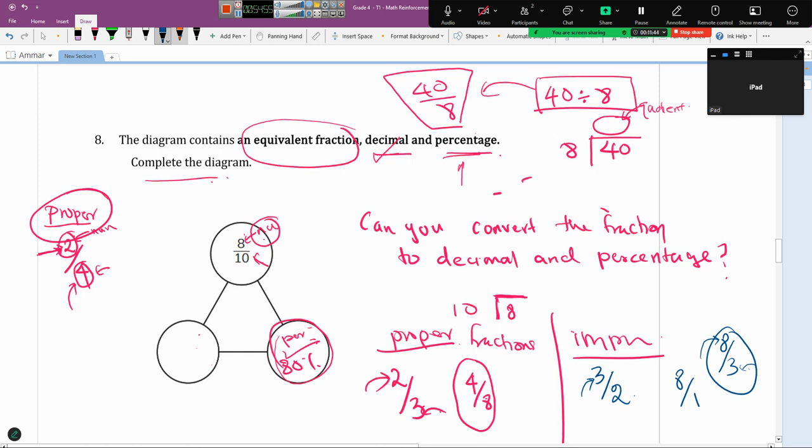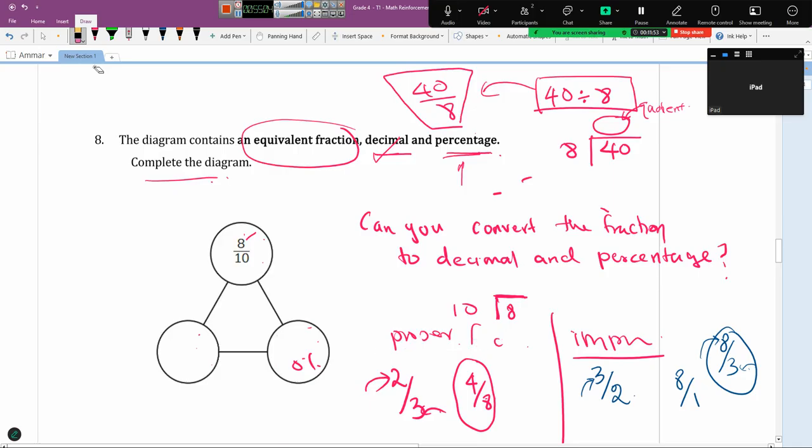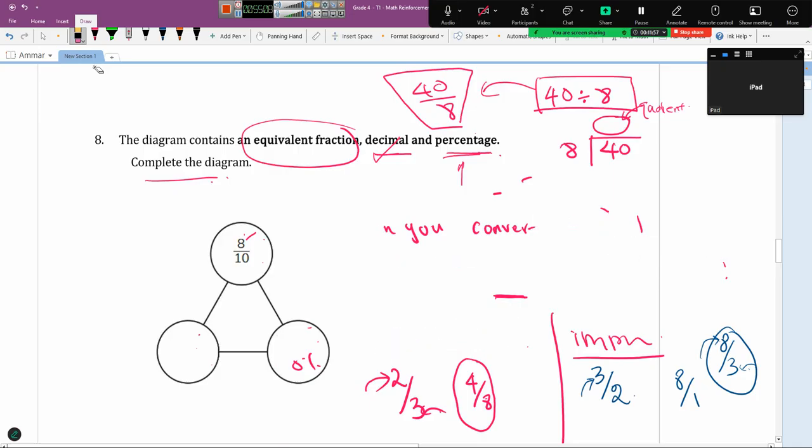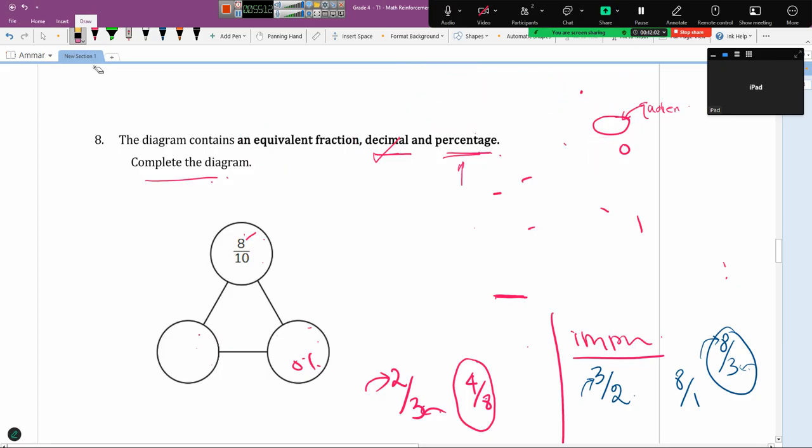Okay. Now 8 divided by 3. Can you do this sum? What's the value of 8 divided by 3? Can you do it? Okay, before that, can you try to answer 8 divided by 2?